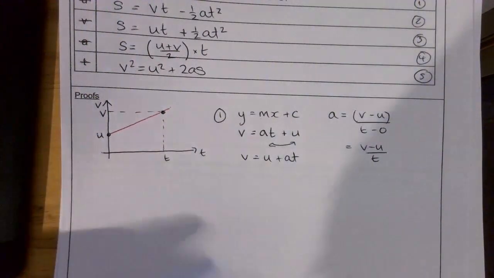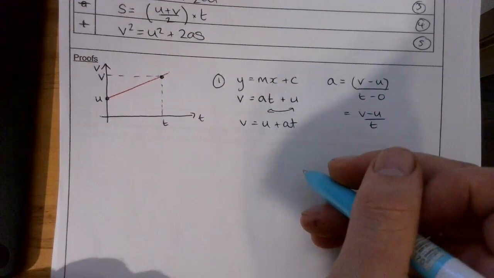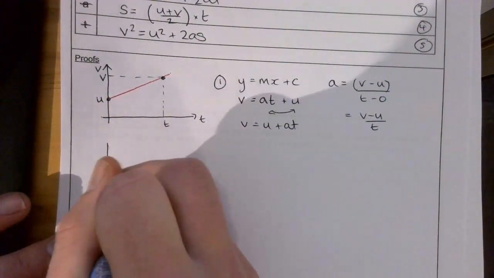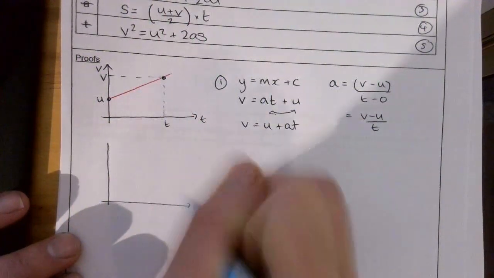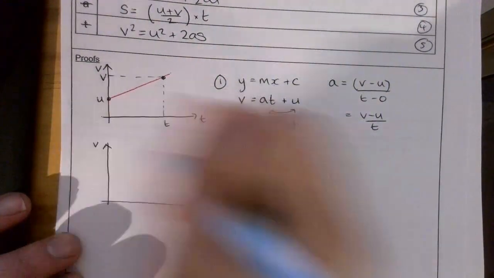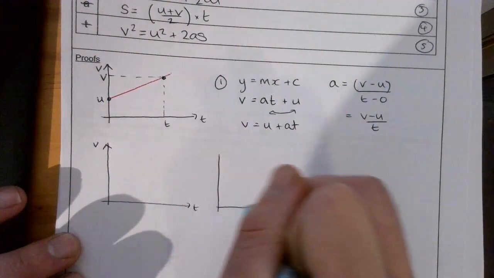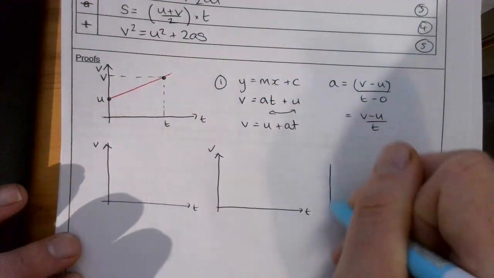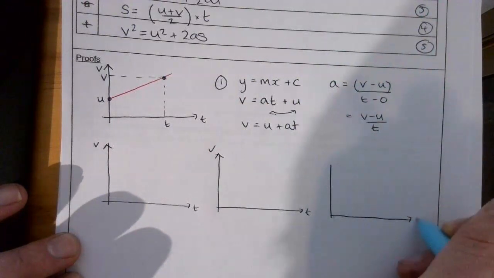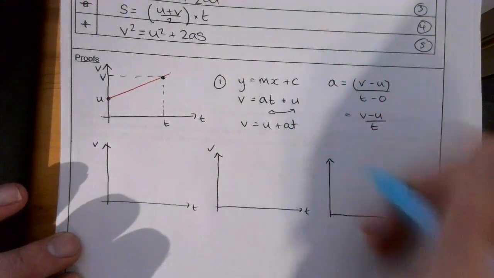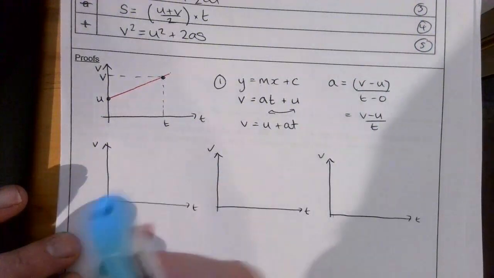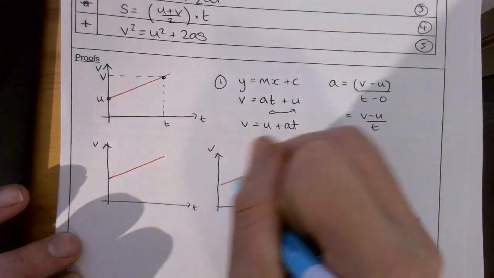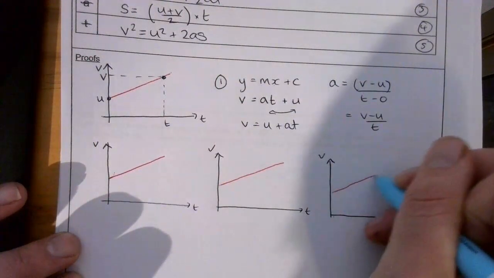And then equations 2, 3, and 4 we derive just by thinking about different ways to get the area under the curve. So we use area under the graph rather. So we're using the idea that we know the distance travelled is the area under the graph. And if we start from that point, I'm just going to do 3 quick versions of the same graph.